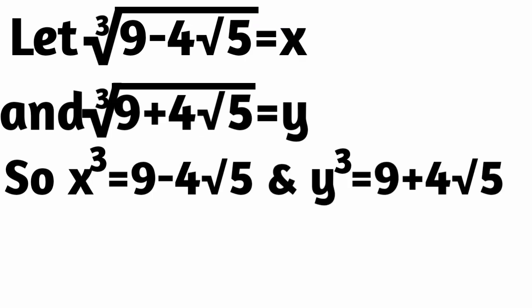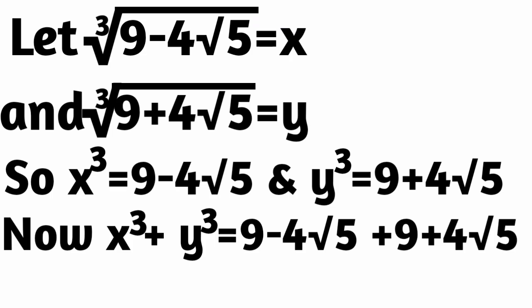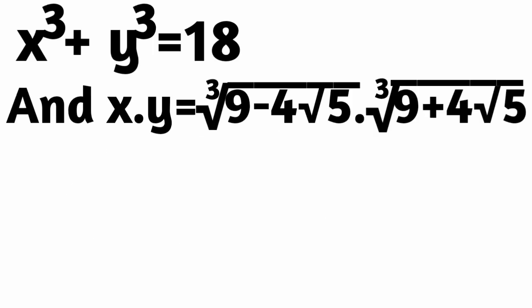By cubing x and y we get x cube equal to 9 minus 4 root 5 and y cube equal to 9 plus 4 root 5, and by adding we get x cube plus y cube equal to 9 minus 4 root 5 plus 9 plus 4 root 5, in which 4 root 5 will be cancelled out due to opposite sign.